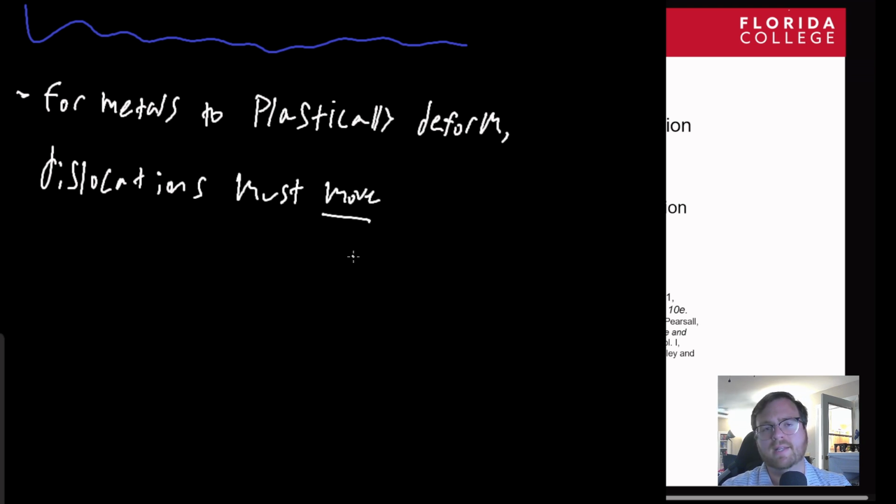Okay, that is how metals plastically deform. These dislocations move through the material and cause the deformation to occur.